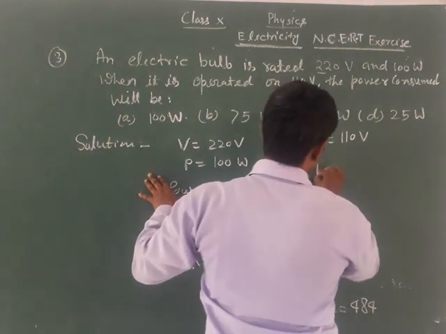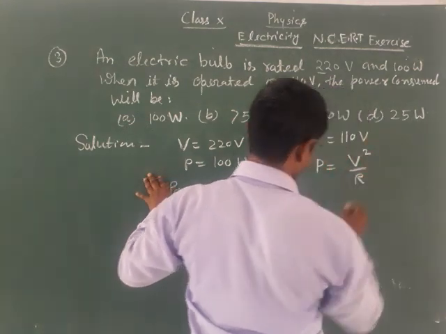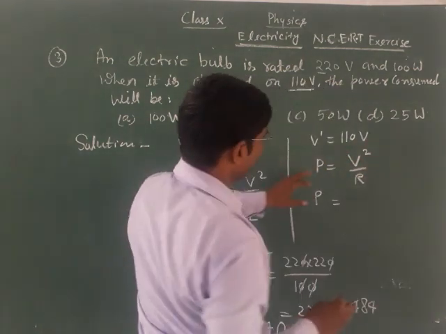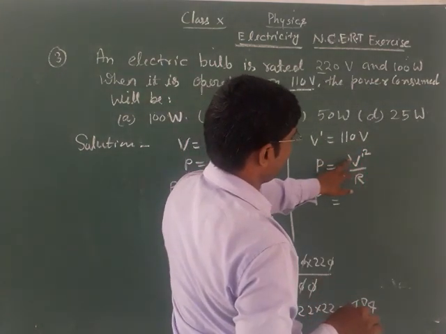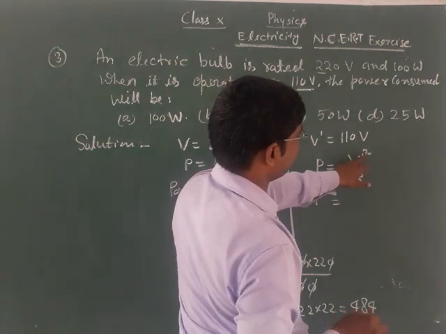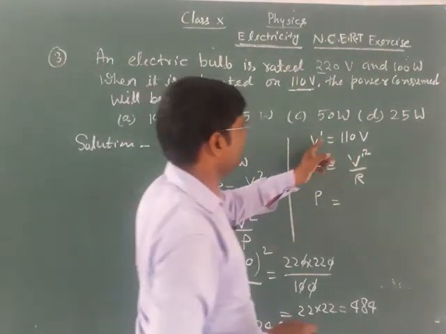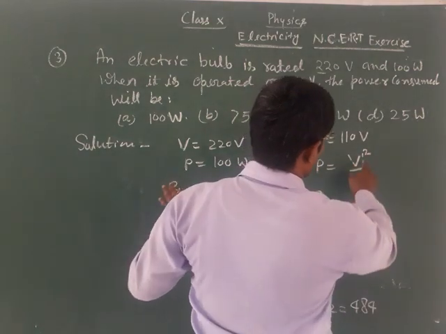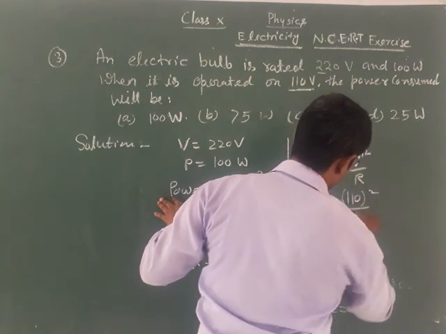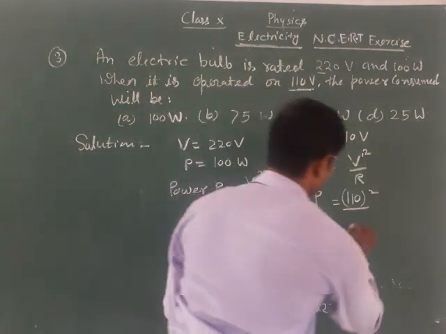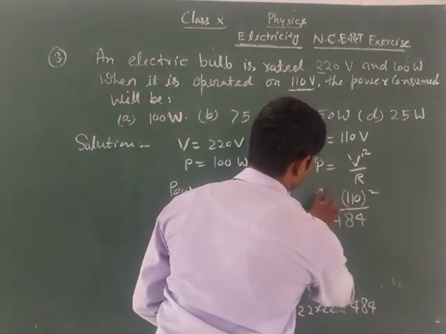Now P is equal to V square by R, so P is equal to V dash square by R, that is 110 whole square upon 484.